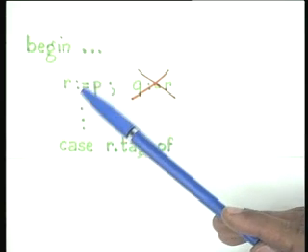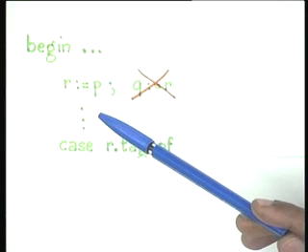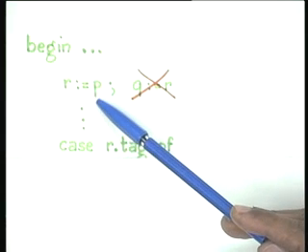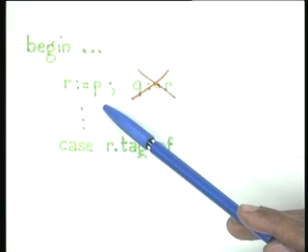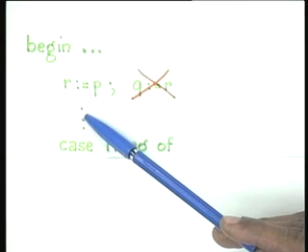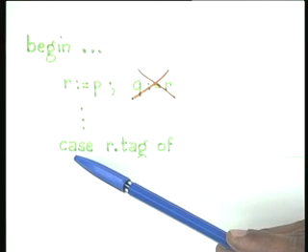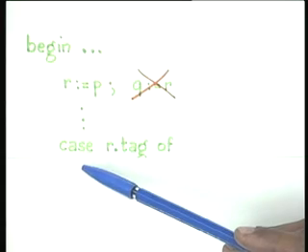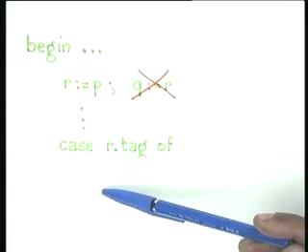Okay. So, however, once r has been declared to be of the same type as p, you could assign r to some other variable, let us say s, which is of the same type as p. Okay. So, there is a runtime type checking.